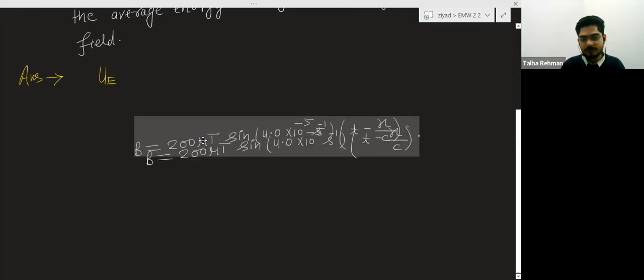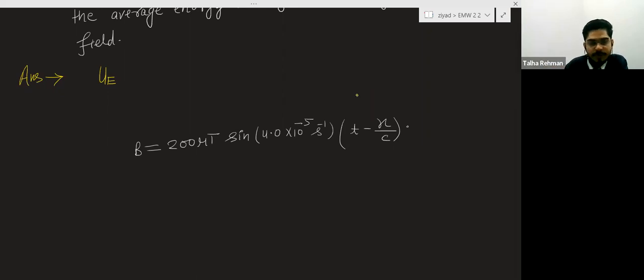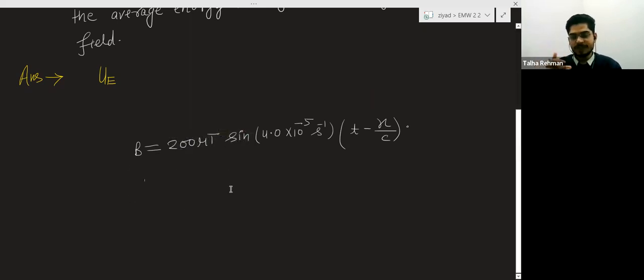Now this equation is given to us. Can you tell me what is B naught? This value will be B naught, because the equation is always in the form E is equal to E naught sine omega t, B is equal to B naught.